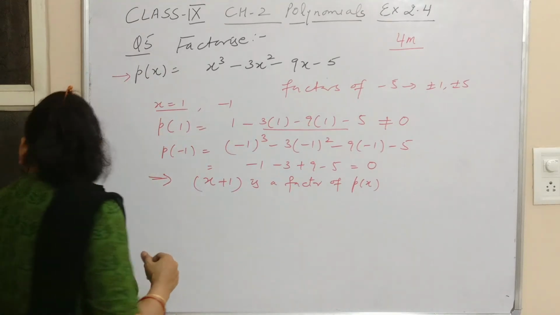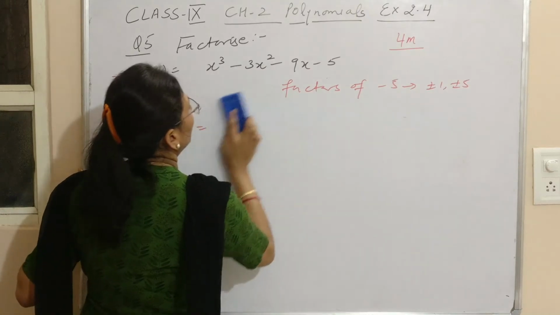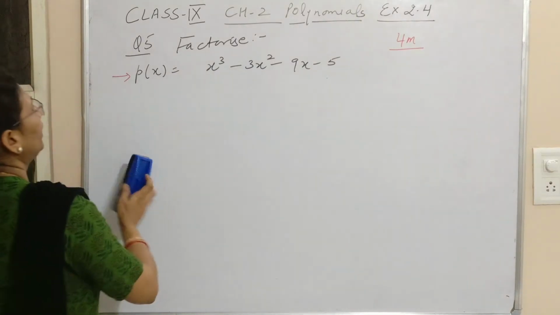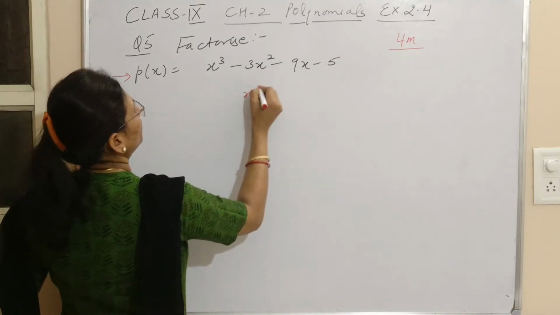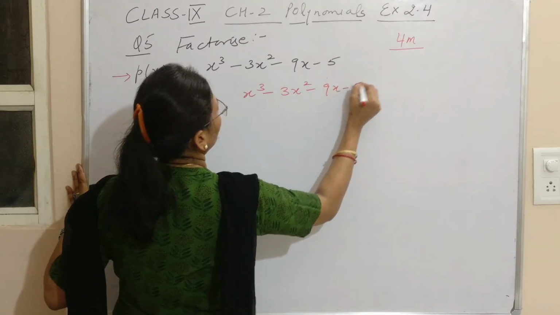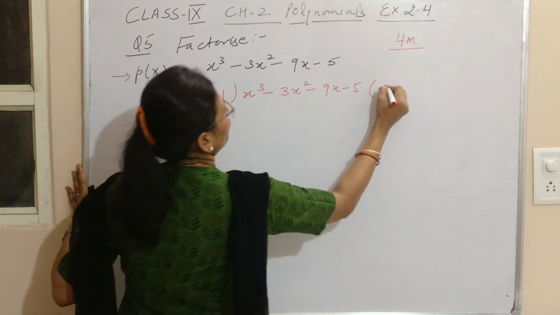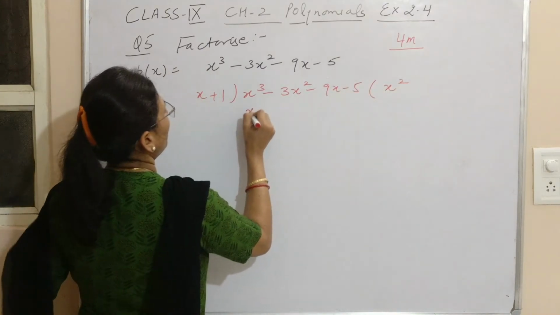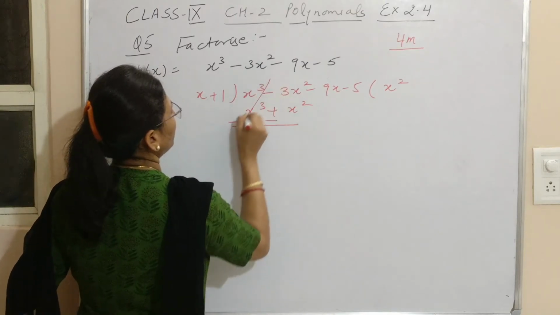So here, just see. Now I will write this polynomial and divide it by x plus 1. So x cube minus 3x square minus 9x minus 5, and we'll divide it by x plus 1. The first term is x square, x cube plus x square. Change the sign, this cancels.